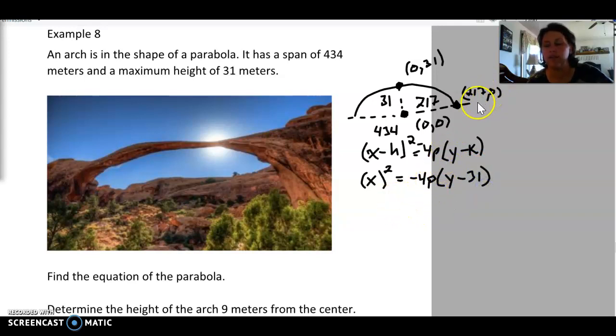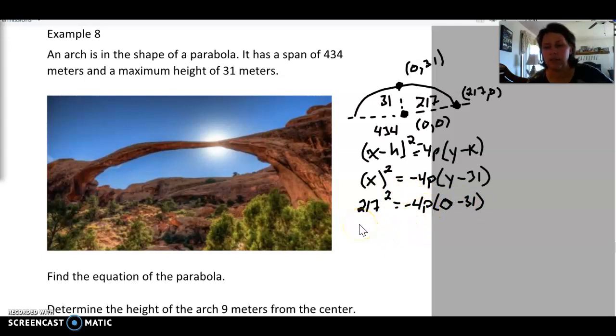So we're going to use the point 217, 0 to find p. So 217 squared equals negative 4p times y, which is 0, minus 31. So that's going to be negative 31. I'm going to solve for this whole negative 4p so I can just plug that value back in. I really just want to know what 4p is.